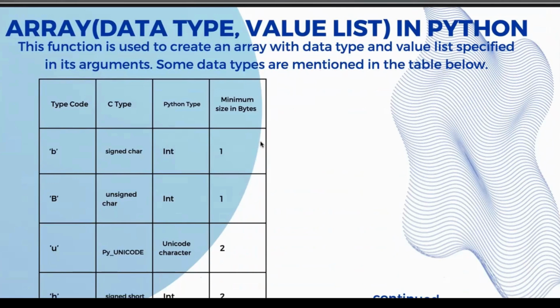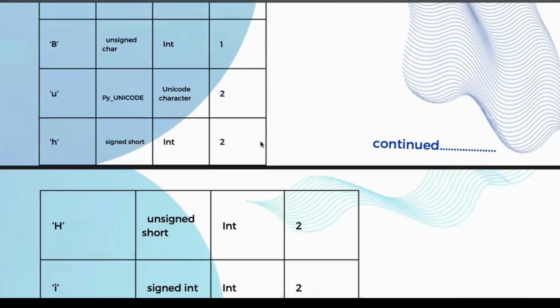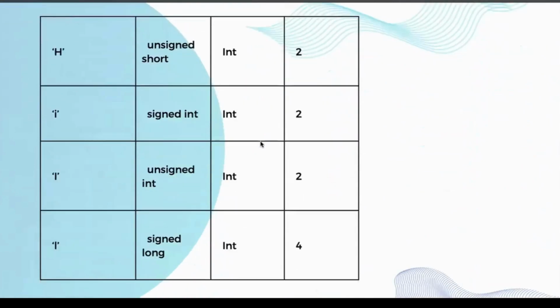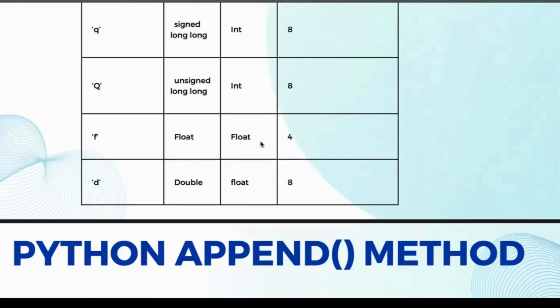This function is used to create an array with the data type and value list specified in its argument. Some data types are mentioned in the table below. So B signed char, Python is integer, and the minimum size in bytes is 1. F represents float, with size 4.